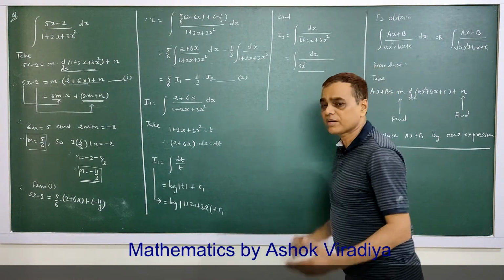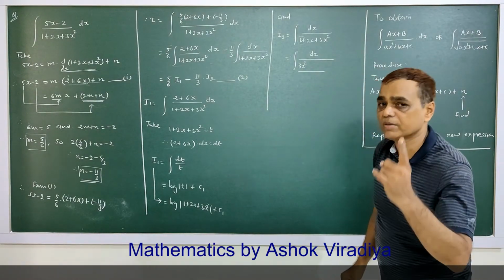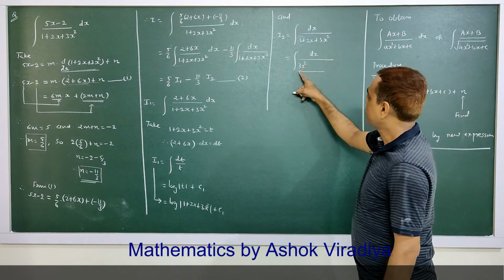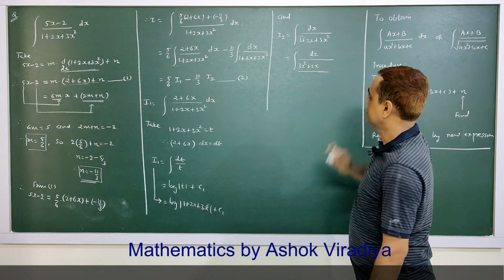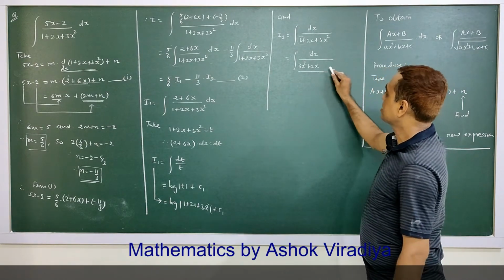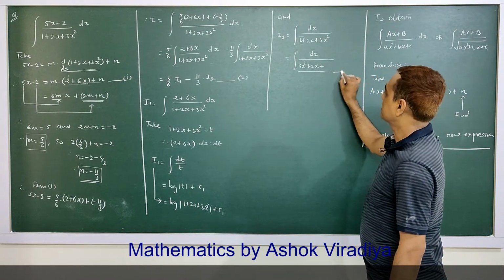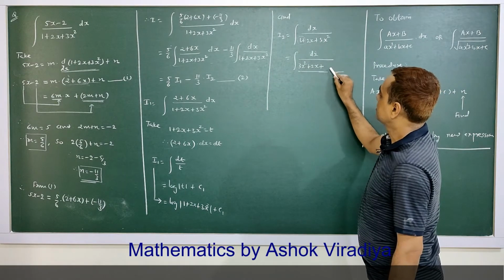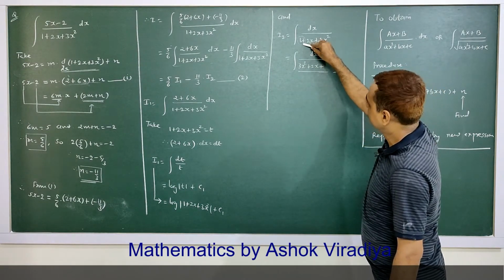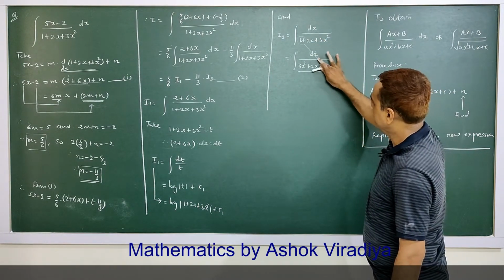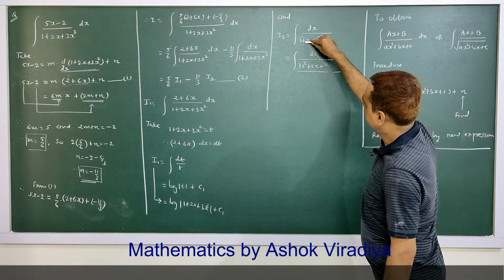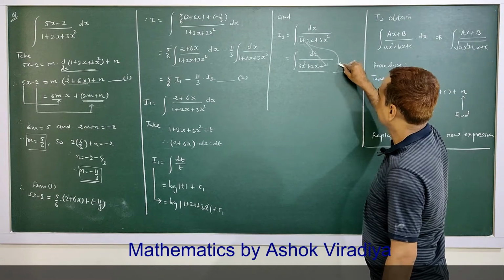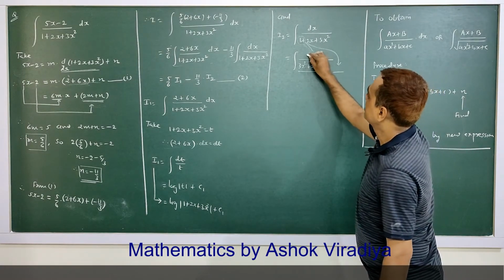We are setting a perfect square polynomial in first place. So 3x square plus 2x keep as it is, and here this 1 we are splitting in two parts.